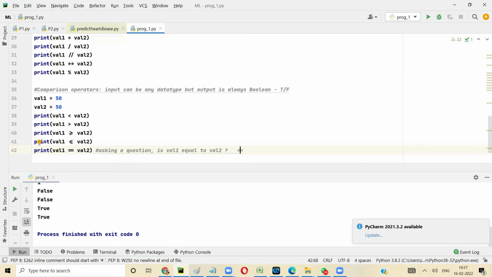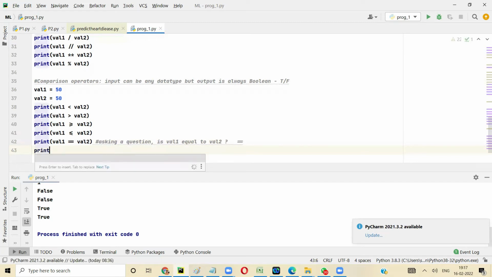And similarly, for not equal to, you have val1, then this sign, the exclamation sign.